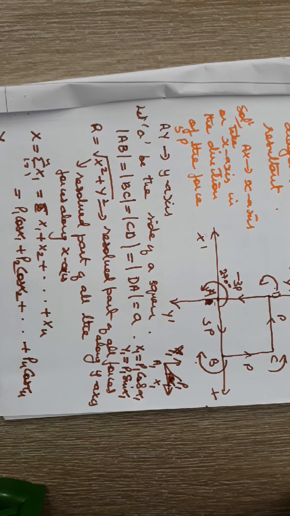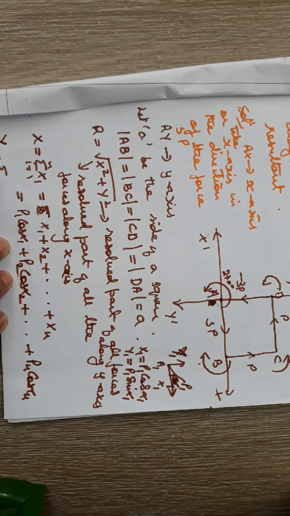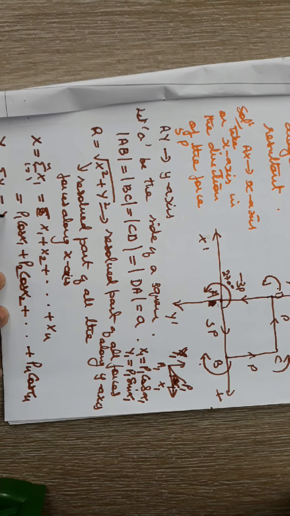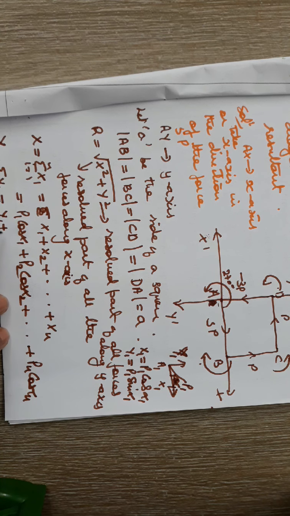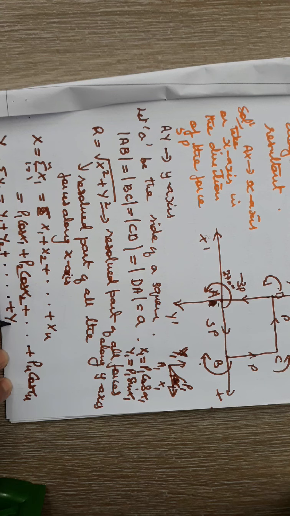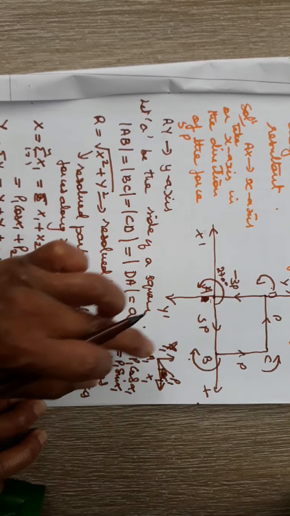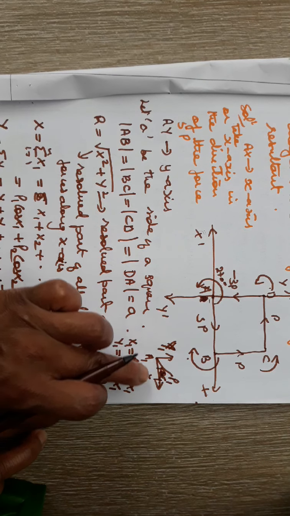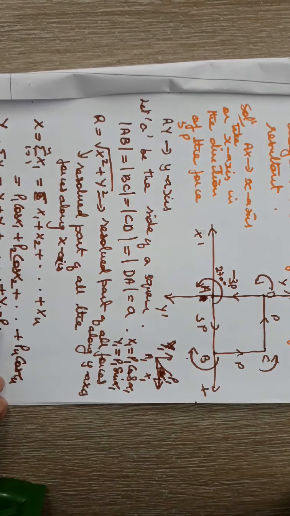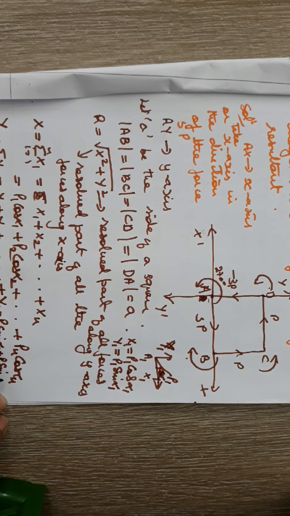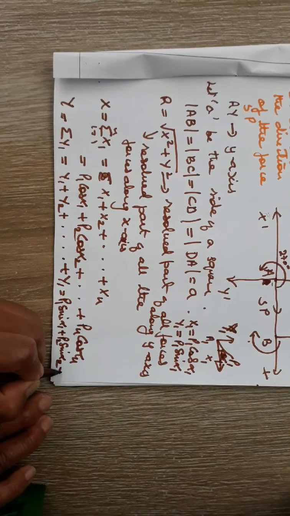Now Y is called the summation of y_i, which is the sum of the resultant parts of all the forces along the y-axis. So the resultant part of these forces along the y-axis will be P1 sine alpha 1 plus P2 sine alpha 2 and so on, up to Pn sine alpha n.